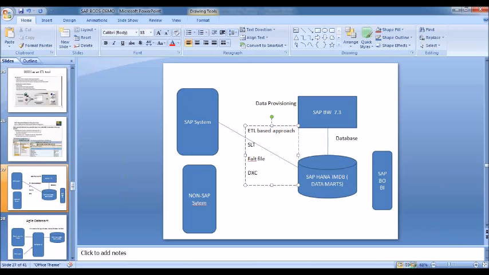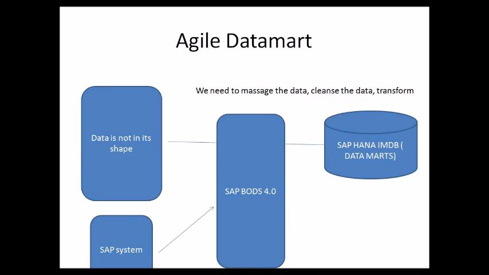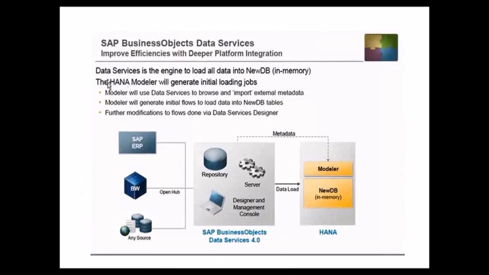Right? Suppose my database exists on any of the agile data marts, where the data is not in a proper shape. To massage the data, to cleanse the data and to transform the data, we use BODS, and from BODS we load our data into the SAP HANA environment.